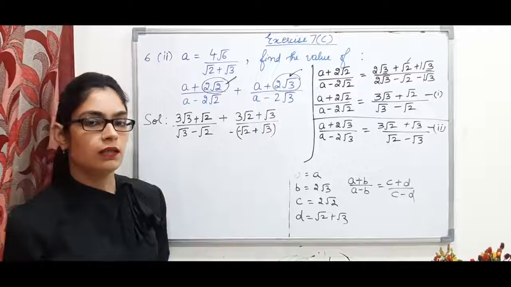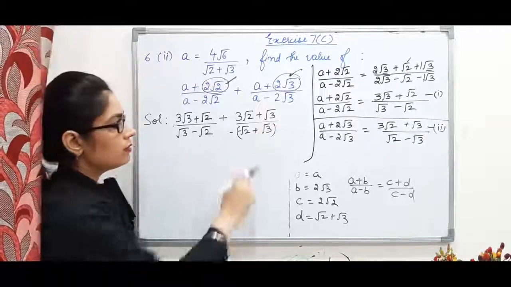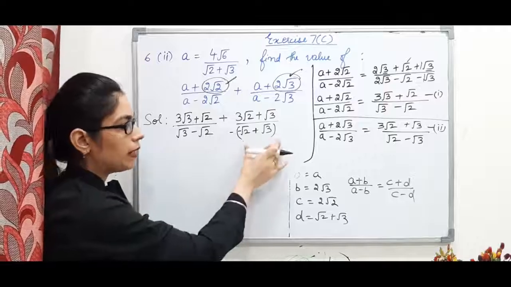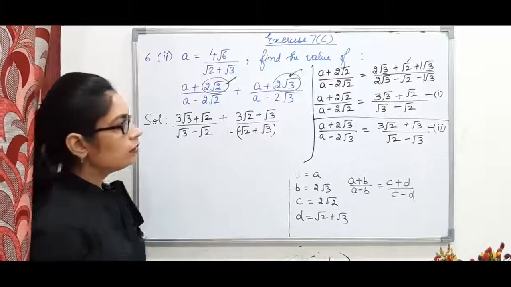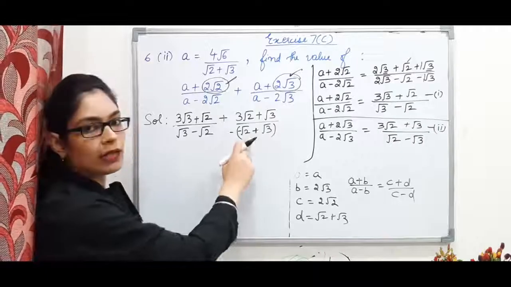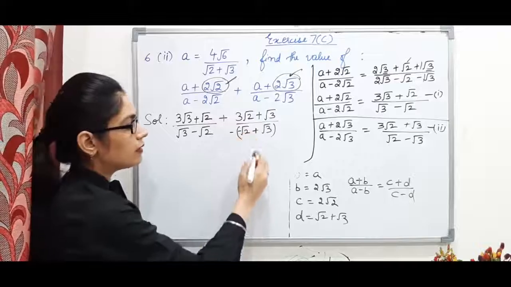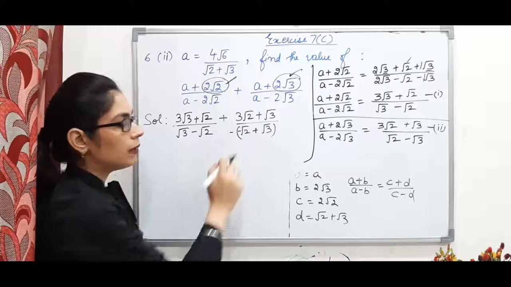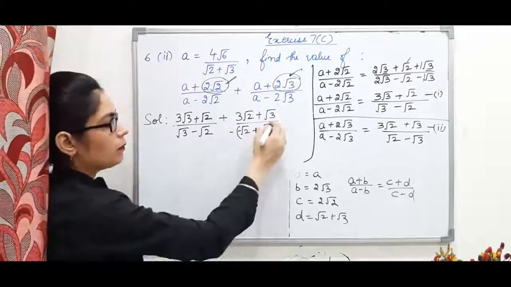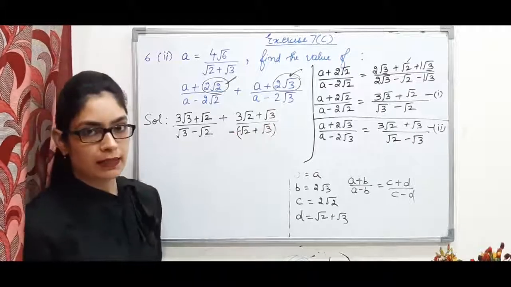What we are doing is just taking minus out. Same term, you just put a bracket and change the signs. It was root 2 minus root 3. With root 2 the plus sign was there, with root 3 the minus sign was there. So just change their signs: this minus changes to plus, and plus changes to minus after writing the bracket, and also write one minus sign outside.